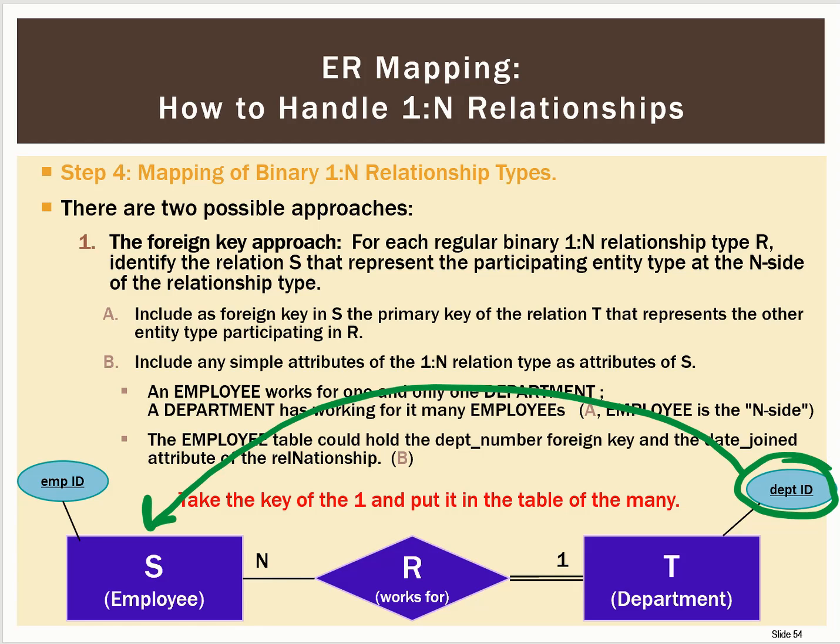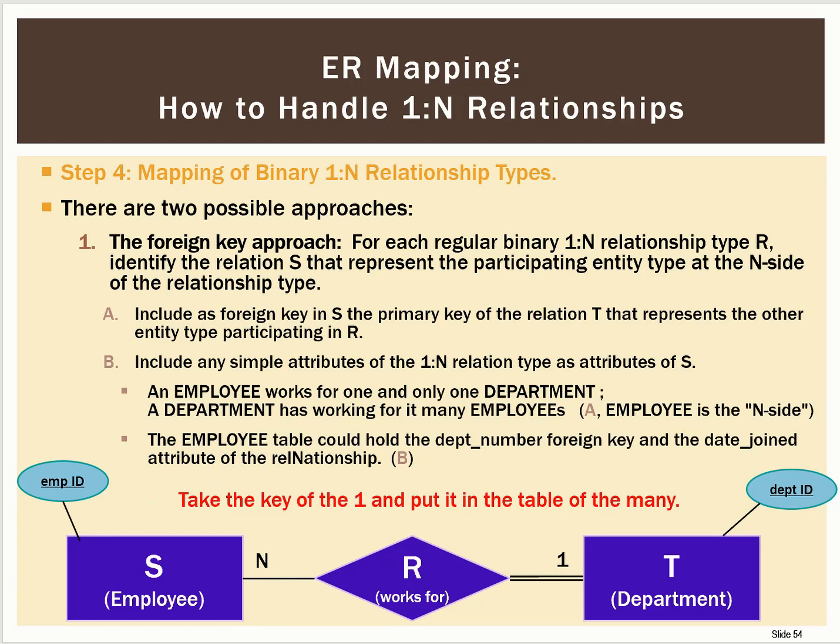So when I say the table of the one, I'm referring to department because that's where the cardinality of one is. And to link these two, the easiest way, and in fact the most common way, is to take the key from the one and put it in the table of the many.